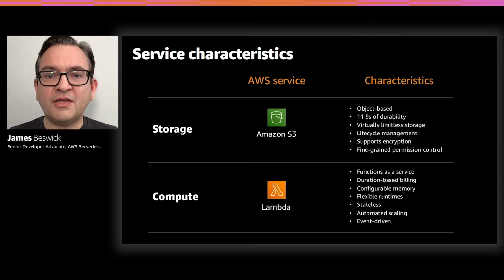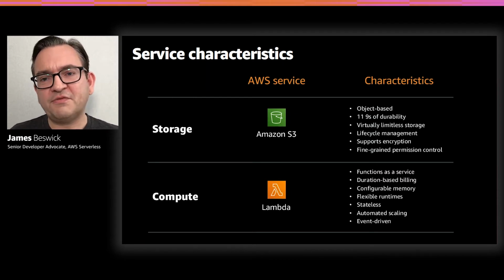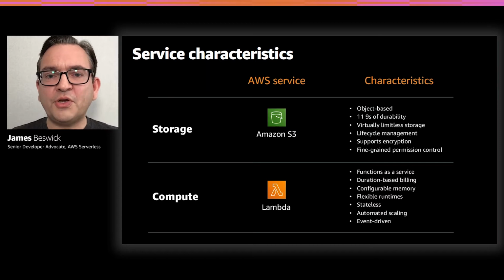And you can also bring in your own runtimes too. We have customers using PHP and even COBOL. It's stateless, it scales automatically, and it's event-driven. So the reason for highlighting these services' main capabilities and features is that it's important when you combine these services. You get the benefits of both services in a single application.